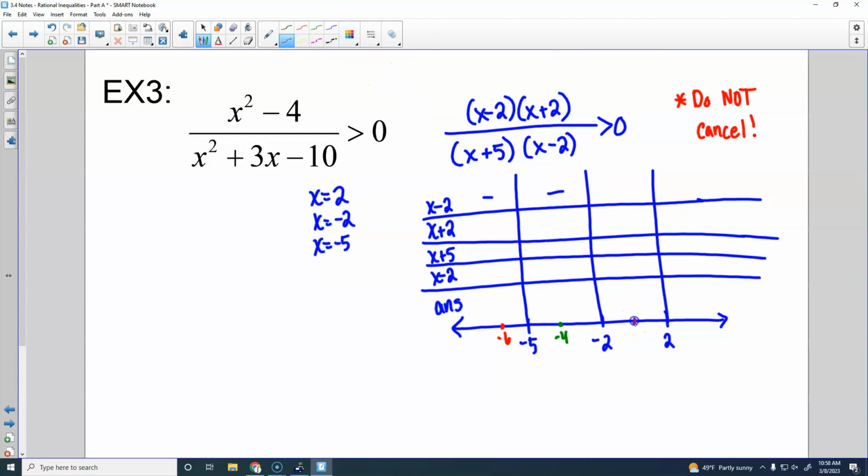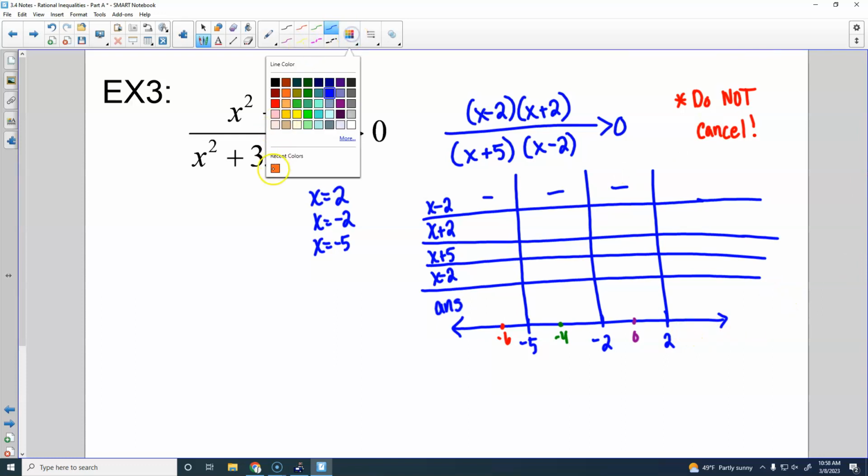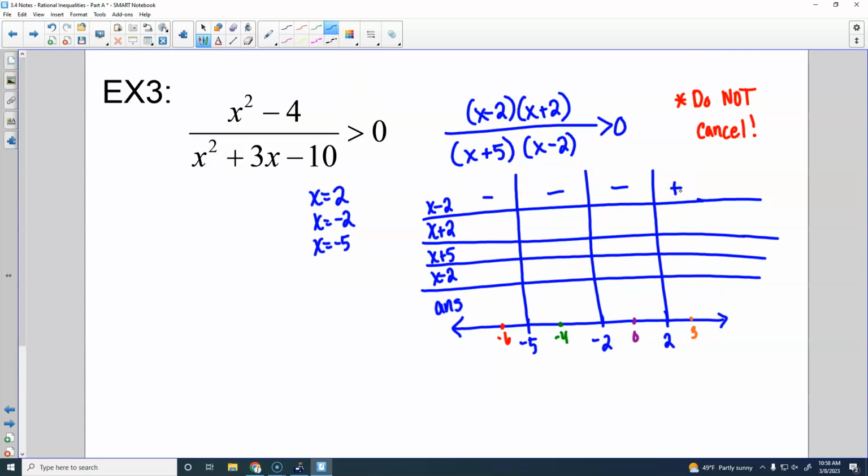If I pick something here like 0, 0 minus 2, still negative. Something bigger than 2, like 3, that will finally give me a positive for this. Because this factor right here is the same, I can just copy that line right there. I don't have to think about that one. It's going to be the same.